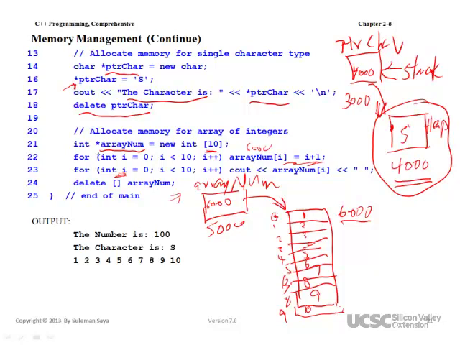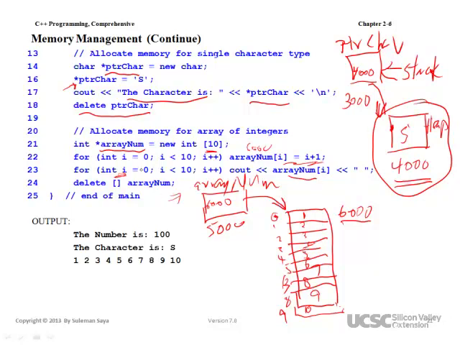So at line number 22, all we are doing is initializing the array with all these numbers. Line number 23, we are reading the contents of these array elements, okay, right here.